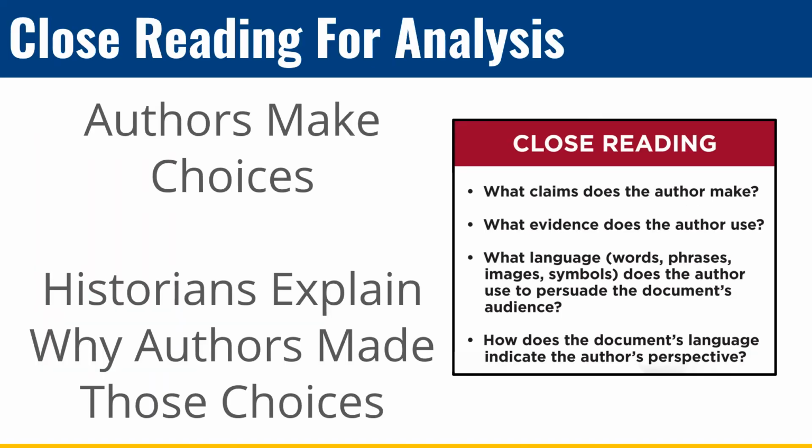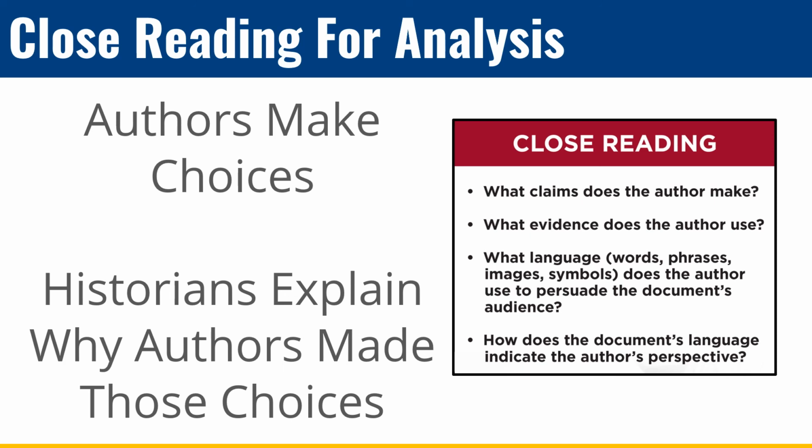Here are some takeaways for you guys about using these close reading questions. First of all, you probably won't go through all 4 close reading questions for every single source. Try out 1 or 2 questions and see which one helps you identify something that you think is significant. Then after you've identified something you think is important that needs explaining, then try to explain it.